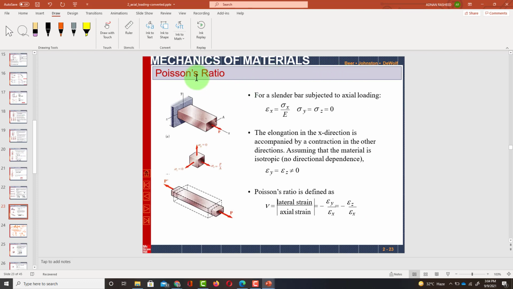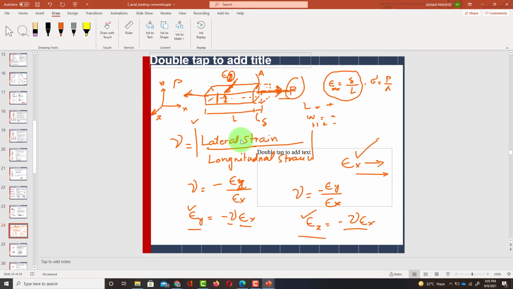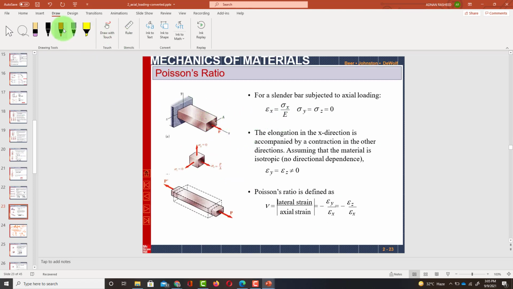So Poisson ratio, this is the same thing which I have explained over here. Let us look at this as well. This is the bar, subjected to load P, and this is the x direction, upward is y, and this is z.